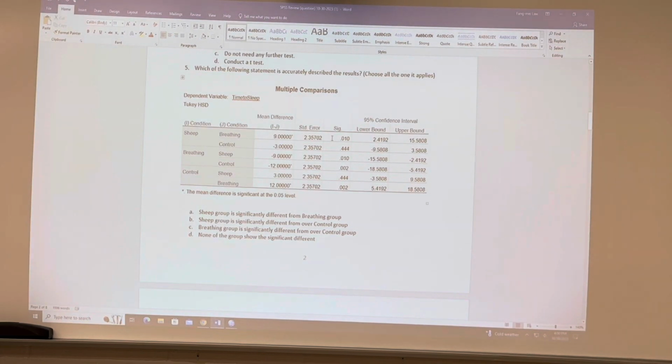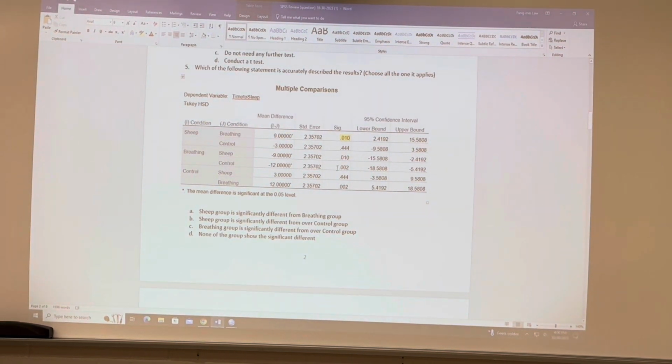Is 0.444 less than 0.05? No, it's greater. Now this 0.010 is pretty much the same as that one, so you don't have to worry. The 0.002 is less than 0.05, yes, so we find 2.